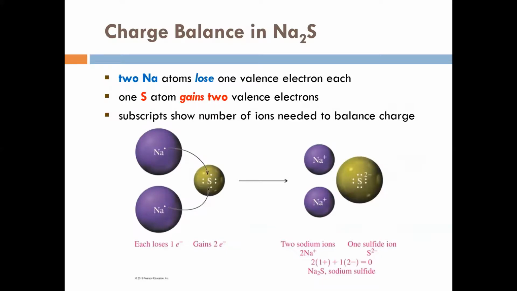And if we're looking at charge balancing in sodium sulfide, in this case, I have 2 metals and 1 nonmetal. Now sodium, again, they're each going to lose 1 valence electron. Sulfur is in group 6, so it has a -2 charge. It's going to take each one on. So it'd be Na₂S.